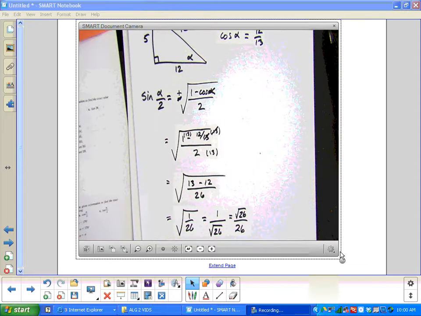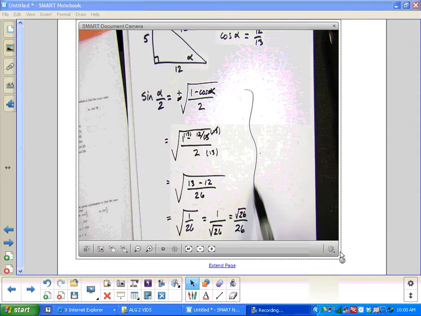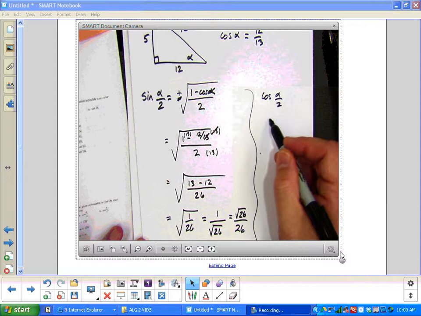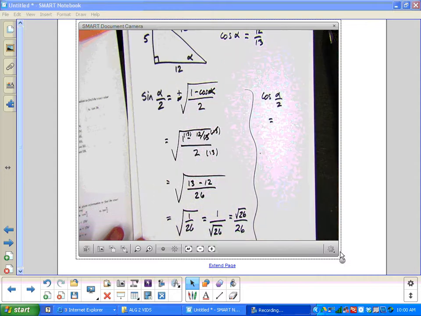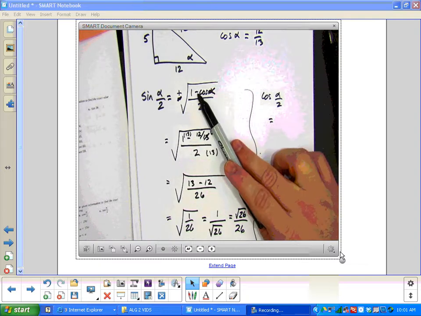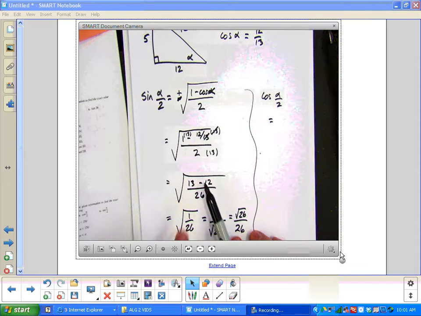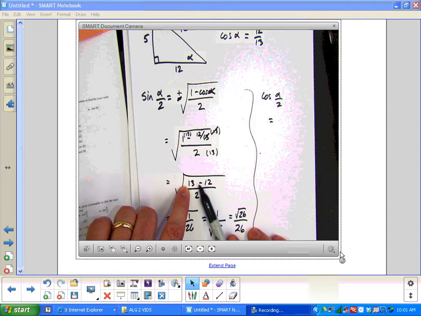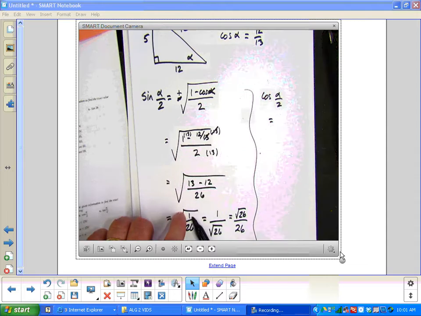All right, now let's do the cosine. So cosine of alpha over 2 equals. Now, again, what's the only difference in the formula? This is plus. So right here, instead of 1, it's going to give me what? 25.